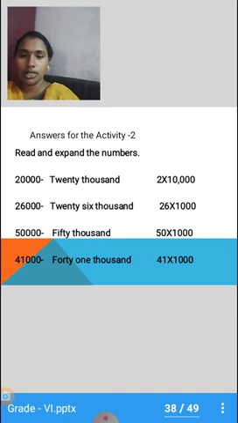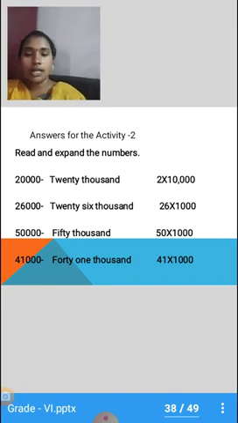So how will you expand 50,000? 50 into 1000. So last one, 41,000. How will you expand 41,000? So you will expand it as 41 into 1000, which is 41,000. So, did you understand this activity, children?